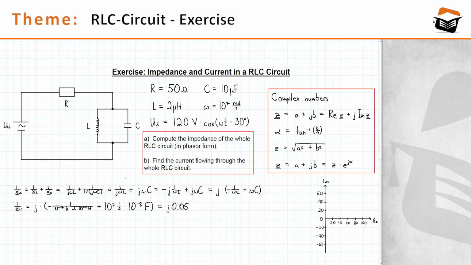Okay, that's not the impedance of the subcircuit yet, because that's just 1 over the impedance. We have to take the inverse to find the actual impedance expressed as a complex number. That's equal to 1 over J 0.05.